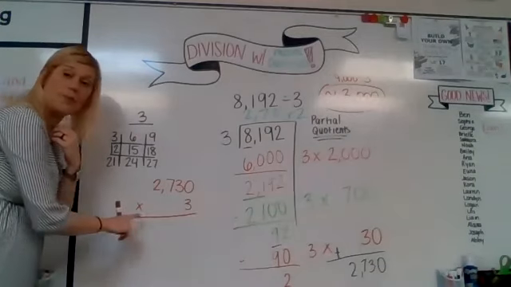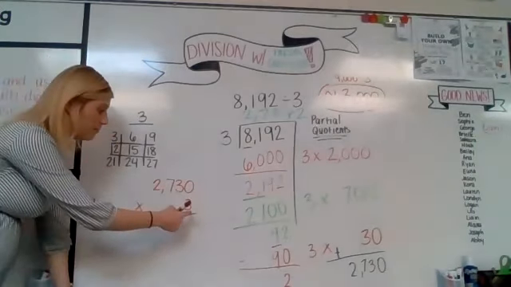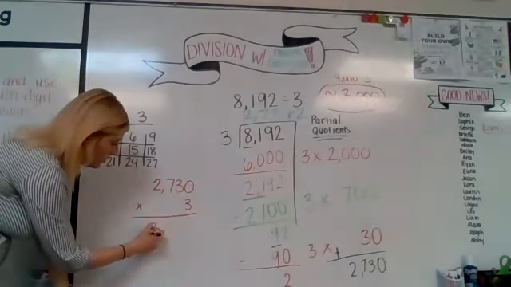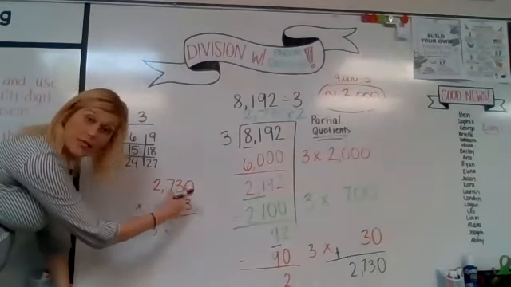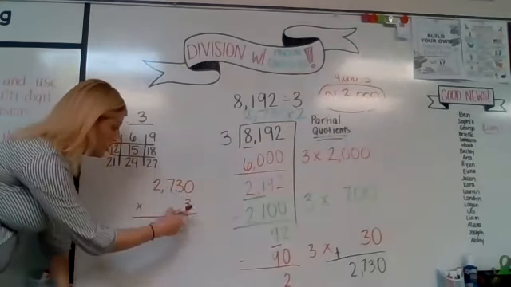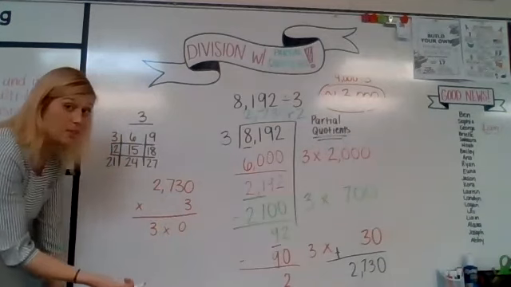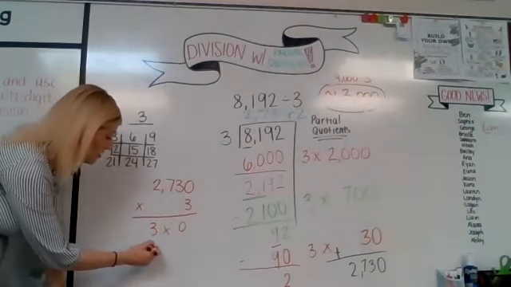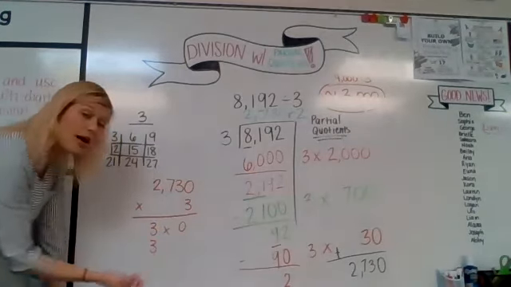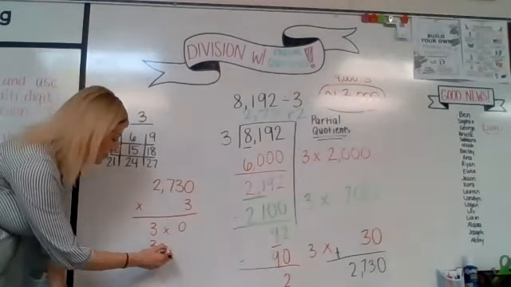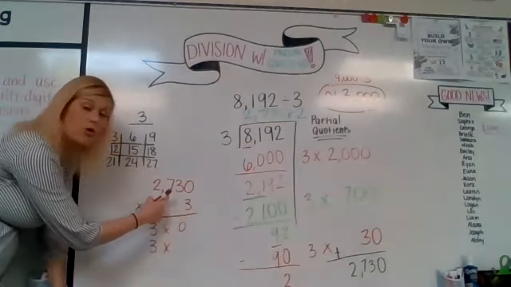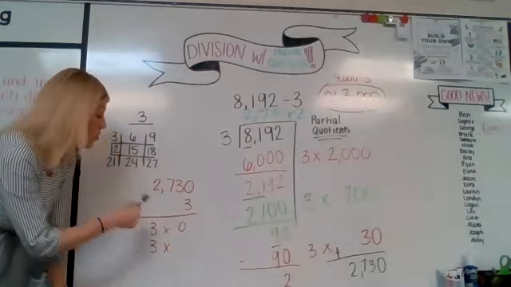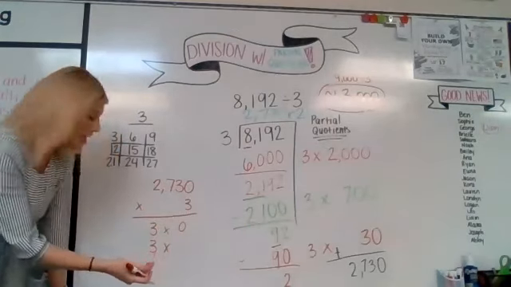In order to multiply this out, we're just going to start with our 3, multiply that by our ones place, 3 times 0, and then, using the partial product method, because we have not gone over the standard algorithm yet, we'll just keep multiplying every single place value until we don't have any more values left.